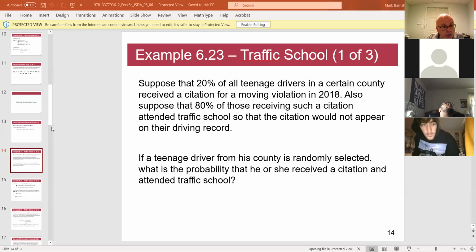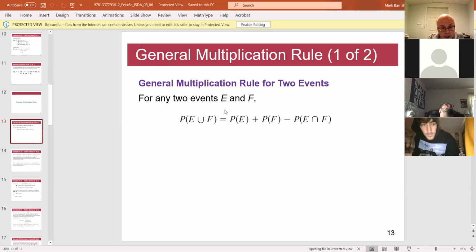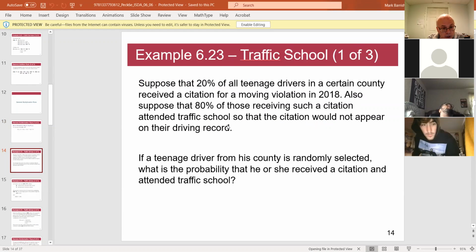All right, back to where we were. This here is wrong. That's the addition rule, so that's a mistake. They're going to use the multiplication rule we just came up with. It says here, suppose that 20% of all teenage drivers in a certain county receive a citation for a moving violation.